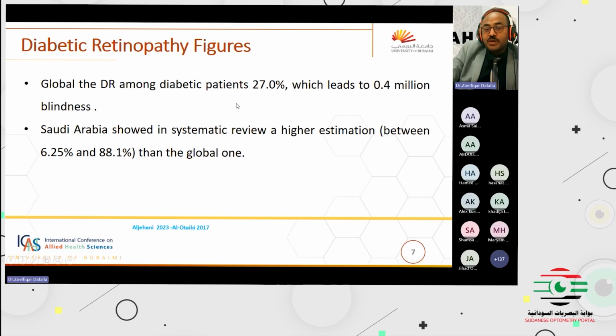A systematic review conducted in Saudi Arabia in recent years showed a high estimation of this disease, between 6.25 and 88.1, which is higher compared with the global estimation.